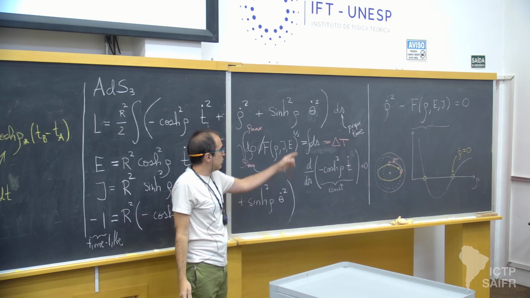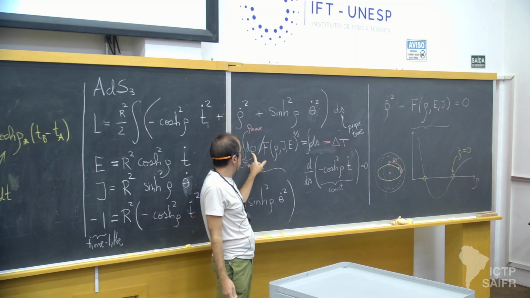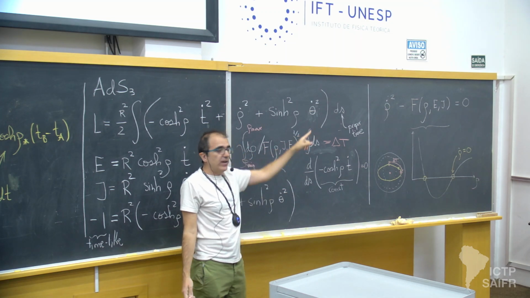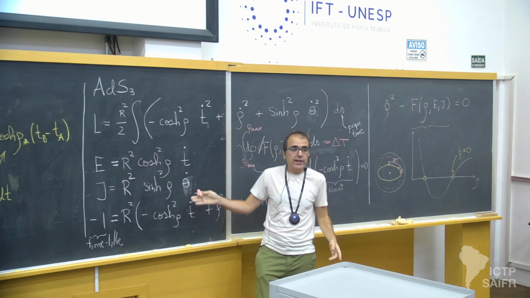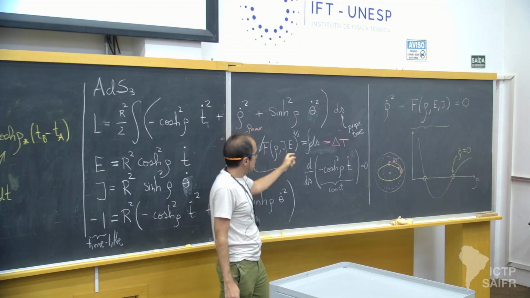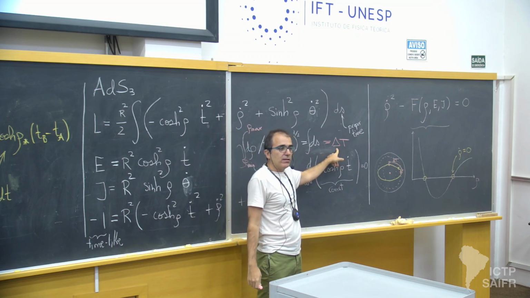Very easy, right? Just compute the zeros of that function. Integrate d rho divided by the square root of that function. That function is clear how to get, right? Just plug this in. Then you integrate from minimum to maximum, you get a number, and that number is how much time passed for you. Now, if you do this computation, what will you find?